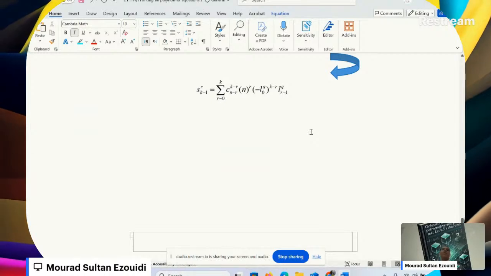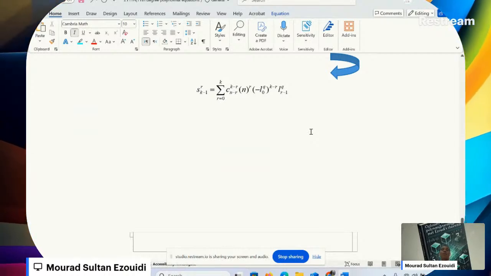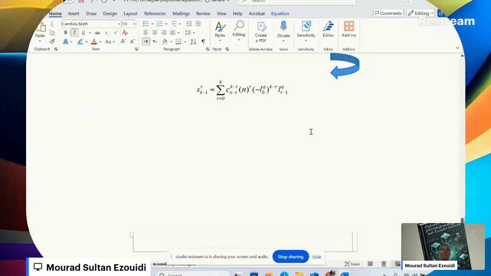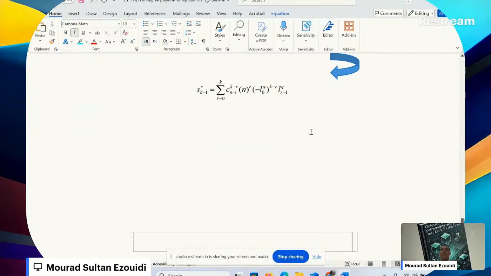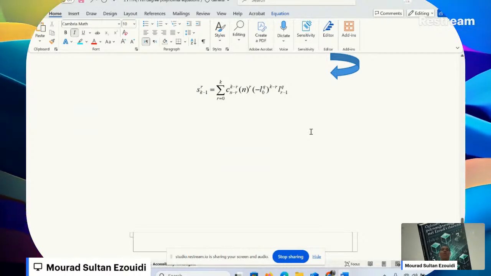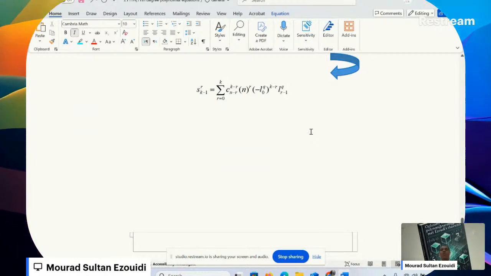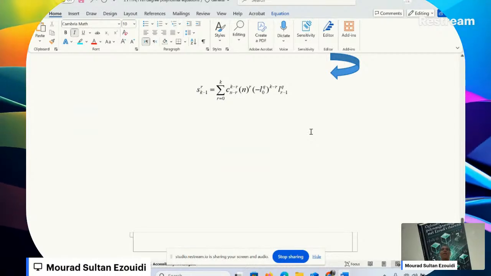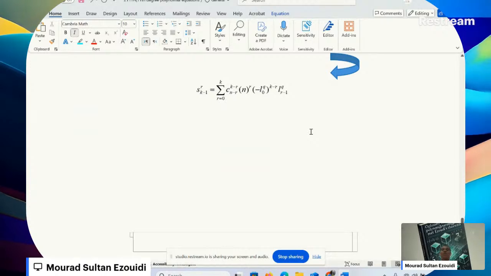This is not just about solving or mastering the solution of one single equation. This is about changing how we understand algebra itself with Professor Mourad Sultan Ezouidi. So the Ezouidi method, or Ezouidi theorems, rewrites what was believed to be a dead end. We bring light into what was once a shadow.